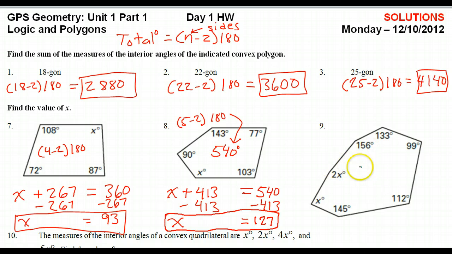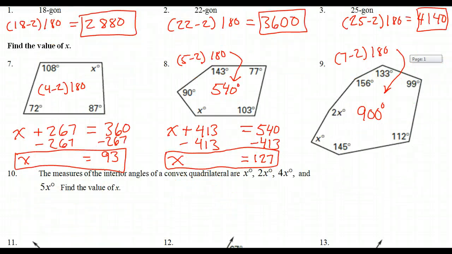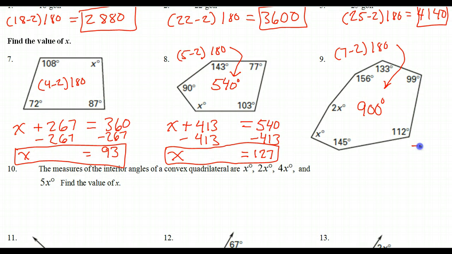Okay, number 9, same deal. Let's see how many sides I have. 1, 2, 3, 4, 5, 6, 7. I have 7 sides. So if I do 7 minus 2 times 180, that's going to give me 900. Alright, so I've got a total of 900 degrees. So once again, when I go to set up my equation, 900 is going to be on the right hand side. This time I've got two expressions involving x. So I will combine those to make 3x.